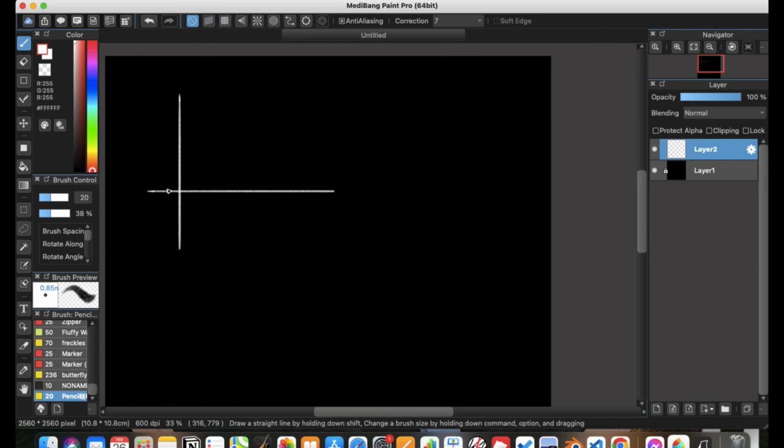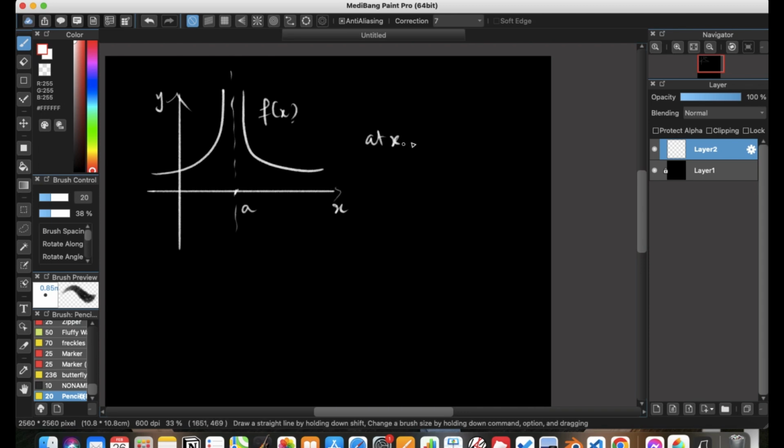First, I have a function like this. So this is f(x). Here, at x equal to a, you're going to see that it's not differentiable, right? Because f is discontinuous.